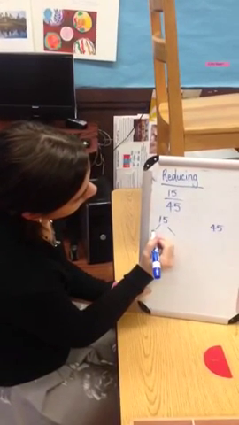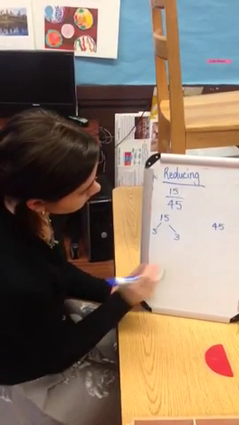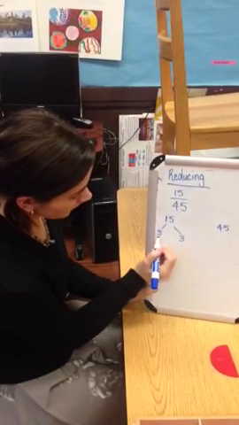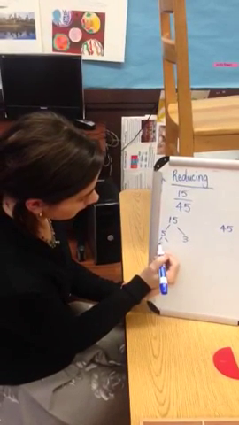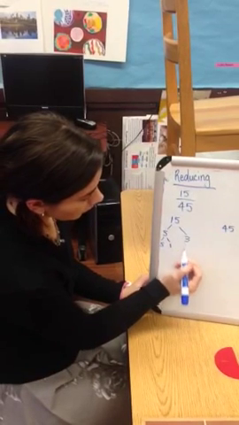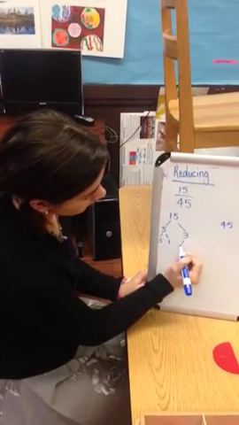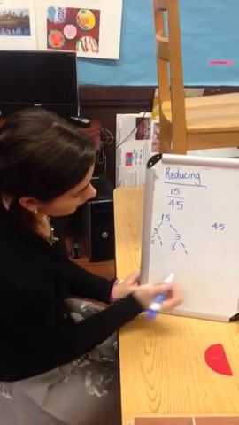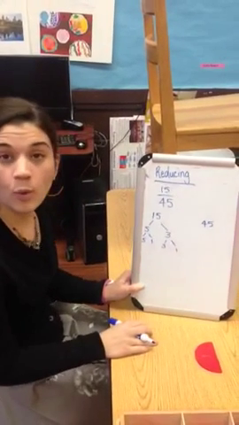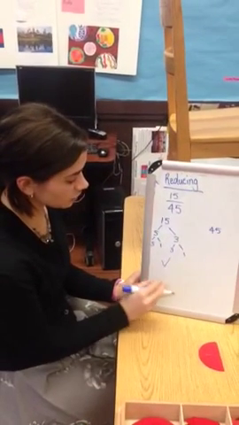Well, 5 times 3. What times what gives 5? 5 and 1. What times what gives 3? 3 and 1. And once we have 1, it's 1 and done. We're done with this factor tree.